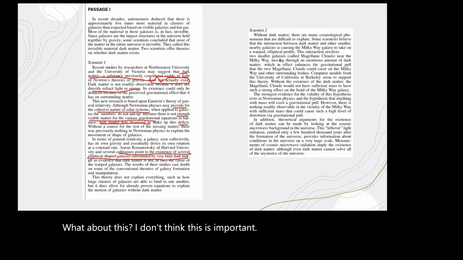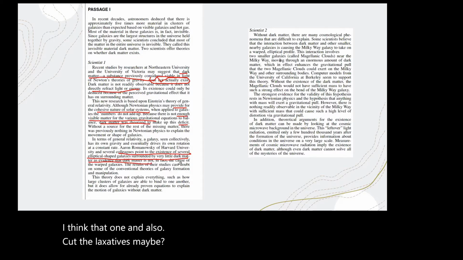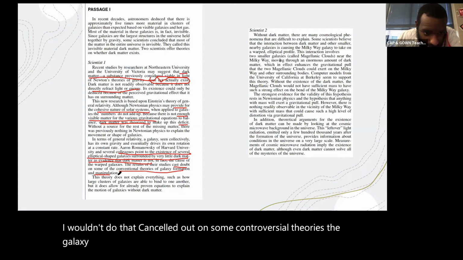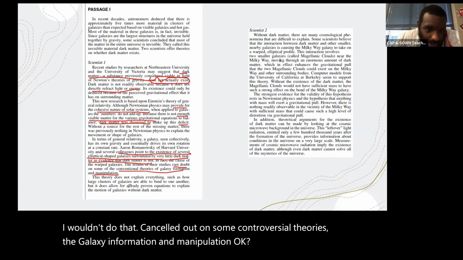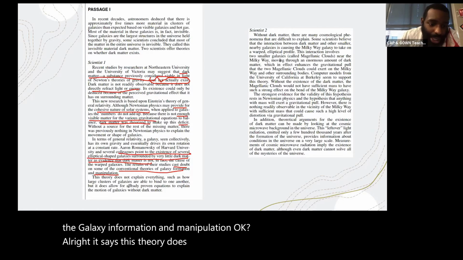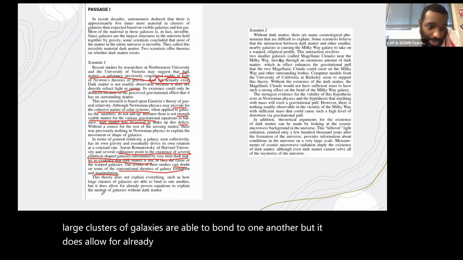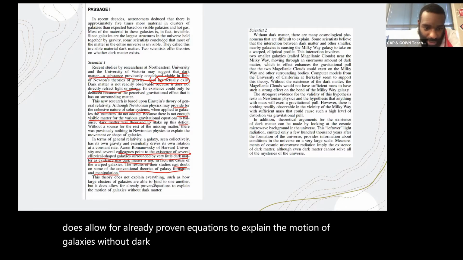I think that one, and also probably the next sentence, maybe. All right, we're gonna do that. Cast a little doubt on some controversial theories, the galaxy formation and manipulation. It says this theory does not explain everything, such as how large clusters of galaxies are able to bond to one another, but it does allow for already proven equations to explain the motion of galaxies without dark matter. All right, so that's something that he also believes there.